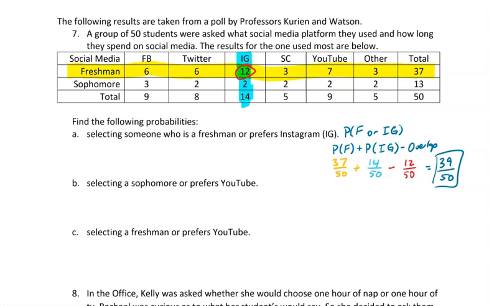All right, what about a sophomore or prefers YouTube? So this is going to be the probability of sophomore or YouTube, which is the probability of sophomore plus the probability of YouTube minus the overlap.